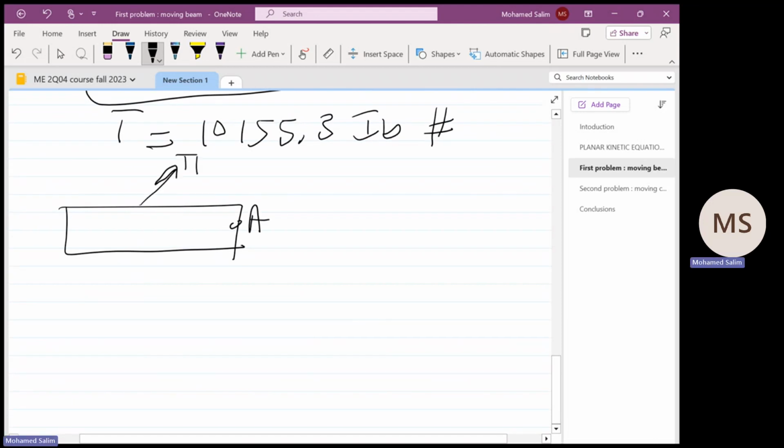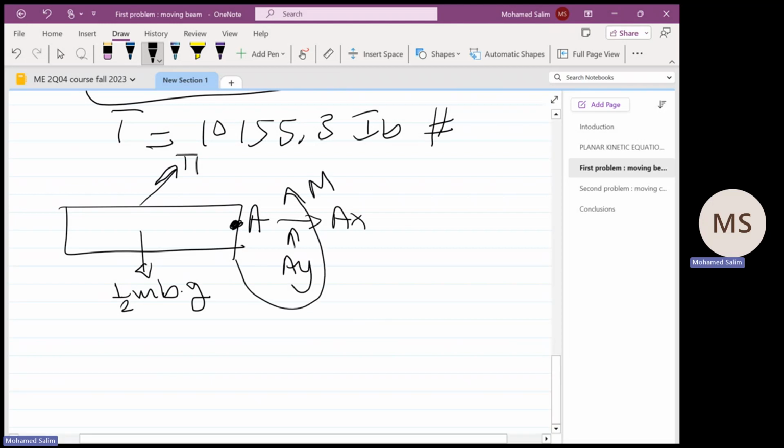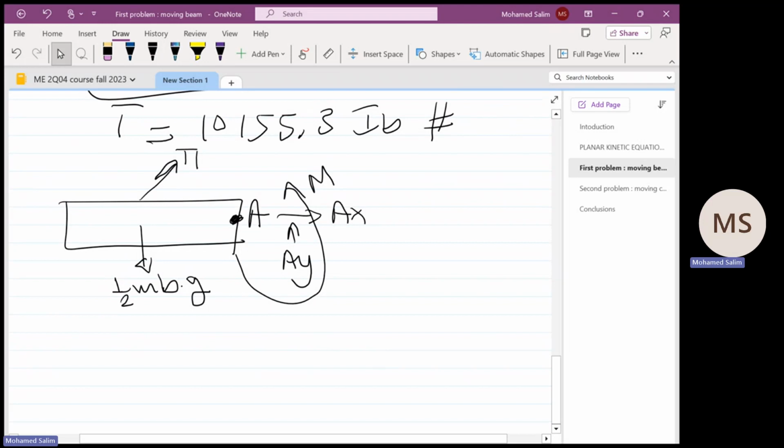So we have here T1, we have here half mg, and we have Ex, Ey, M. To calculate M, we need to make a summation of moments around A or around another point. Let's forget the requirement. Let's say the M is given, and I want to calculate Ex.